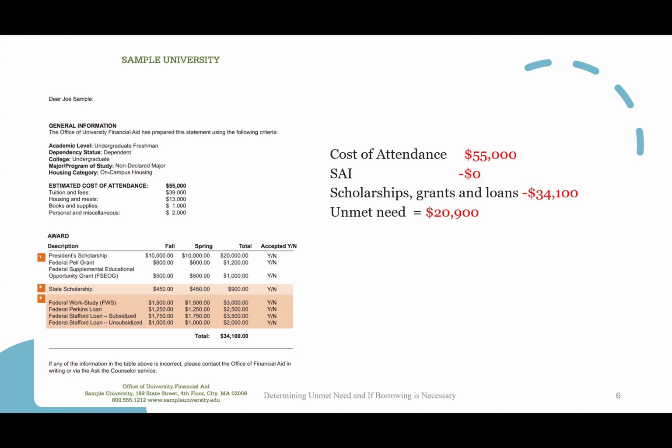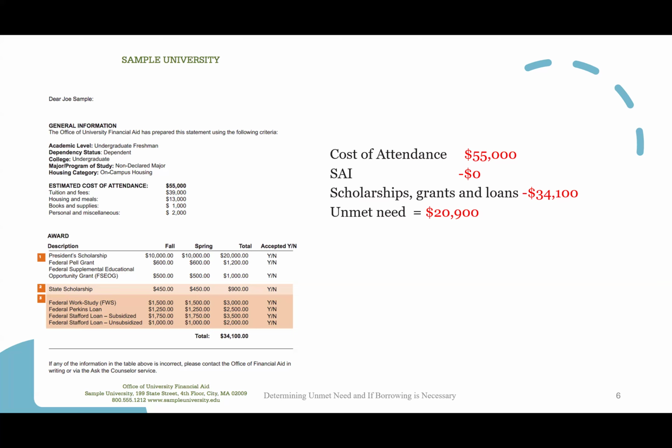For this example, the cost of attendance for this student at this sample university is $55,000. This particular student's SAI is 0. Next we will factor in scholarships, grants, and loans, and that amount is $34,100.